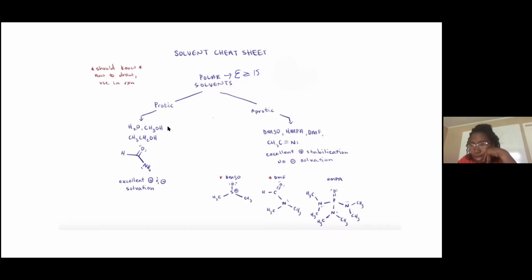So I talked a little bit about how solvents can fall into more than one category. Here we have our protic solvents, or I'm sorry, our polar protic solvents. And if you remember, the protic solvents are the ones that have the acidic hydrogen and participate in hydrogen bonding.